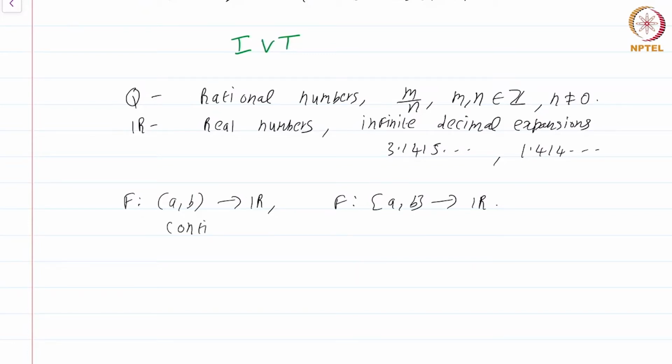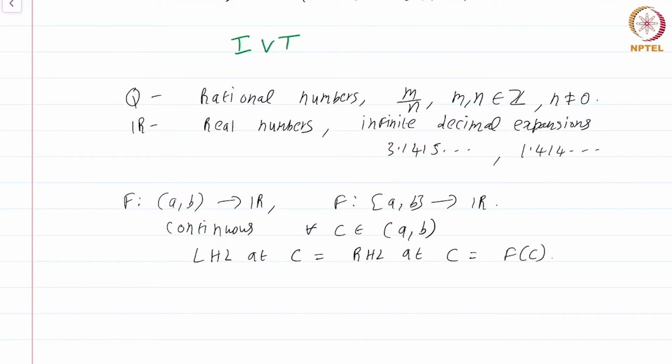A function is said to be continuous if for all c in (a, b), let me just use the open one for convenience, for all choice of points in the interval (a, b), we have the left hand limit at c is equal to the right hand limit at c is equal to the functional value at c.